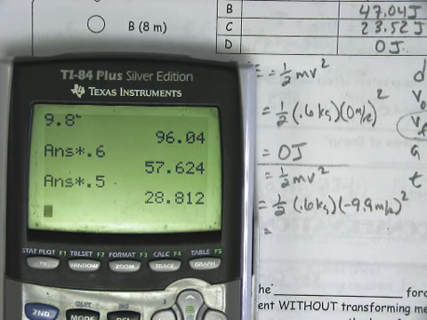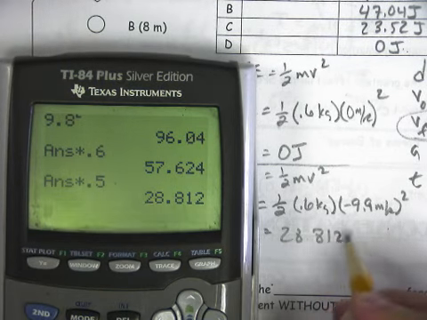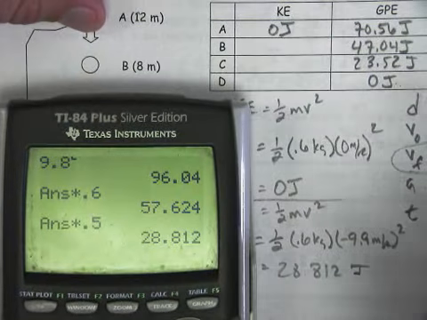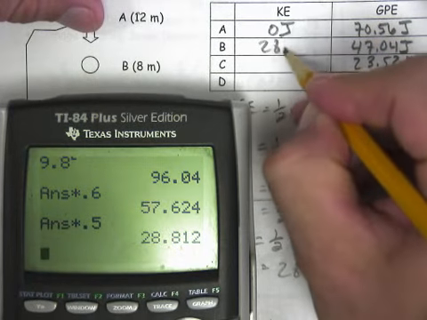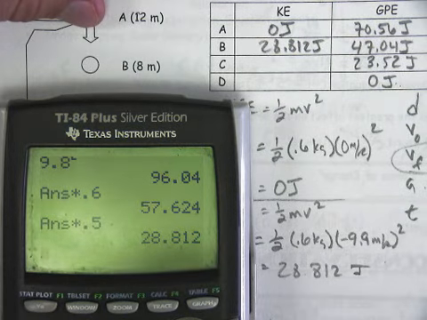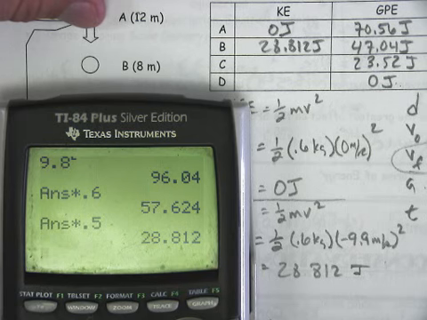And I get 28.812, and that'll be measured in joules. So I'm going to include that back up here in my table. 28.812 joules.